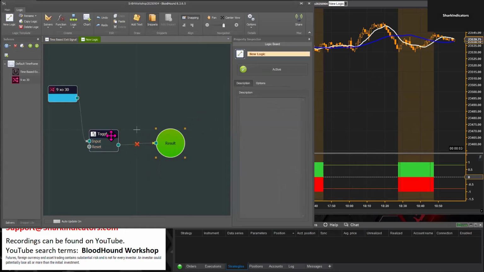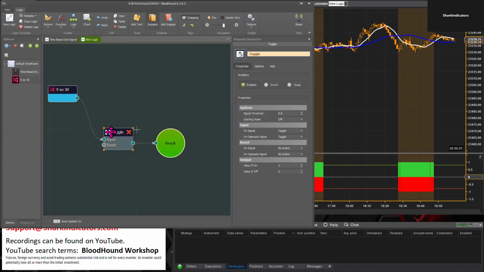So let's see here. Let me provide another, more practical use for the toggle node, right? The toggle node can be used to kill signals for the remainder of the day.